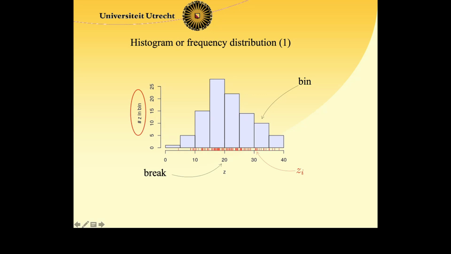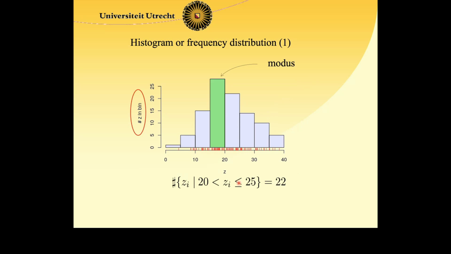So this is a break, and this is a break, and in between is the bin. So you just count the number of data points in those. That's called the frequency distribution, and then we get the number of data that are in between those locations.